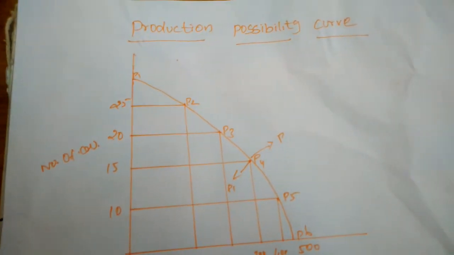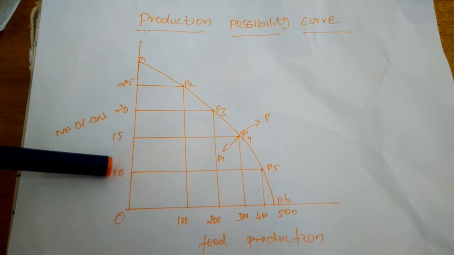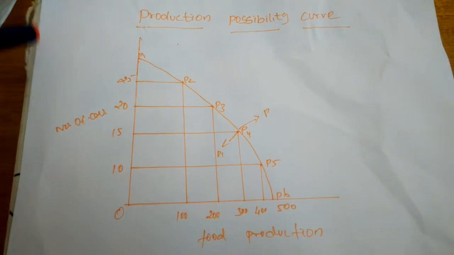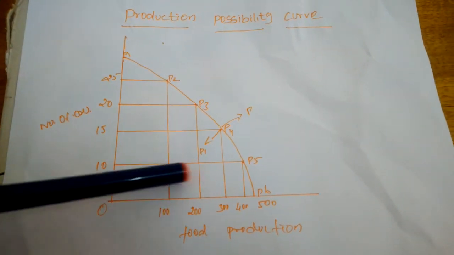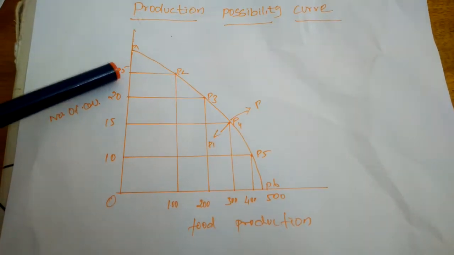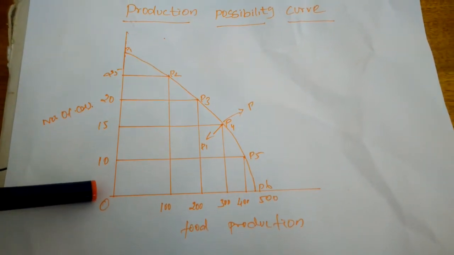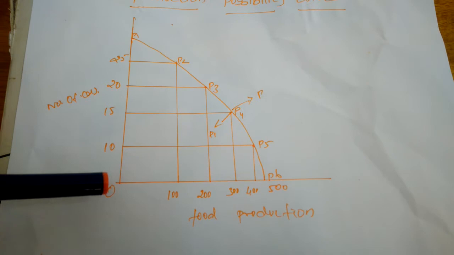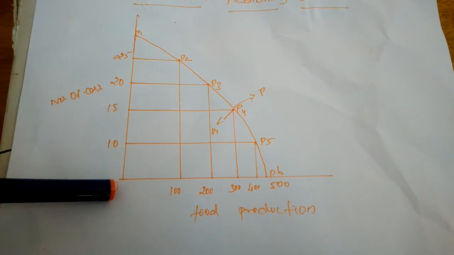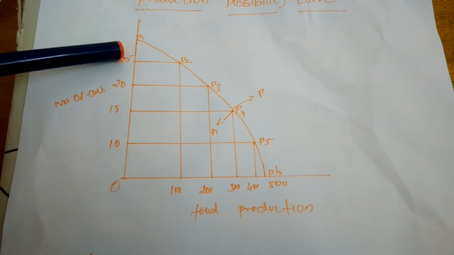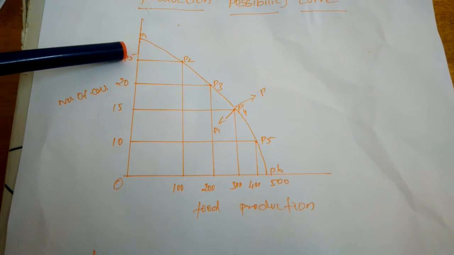Next we have studied the production possibility curve. Using this production possibility schedule, we can easily draw the curve. Suppose a nation does not want to produce food, it can produce 25 cars.